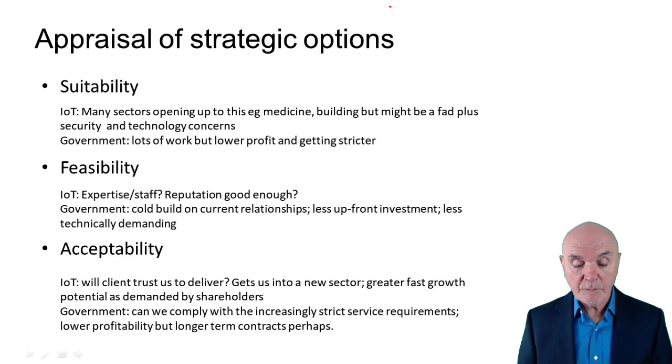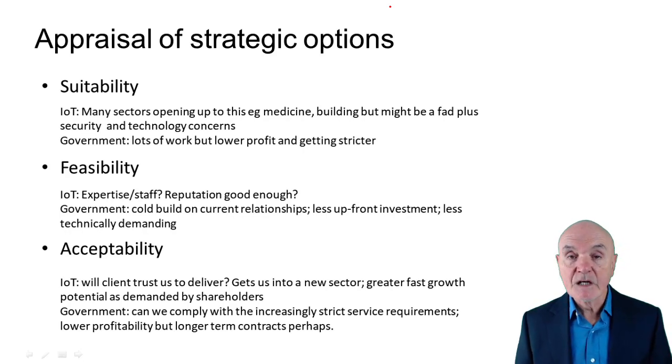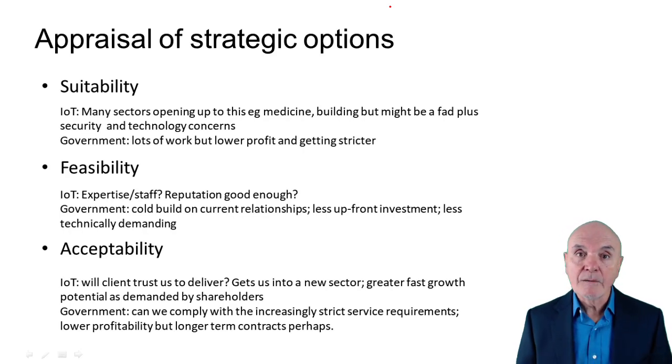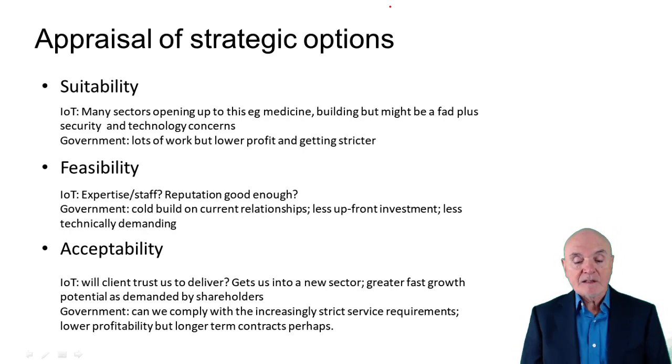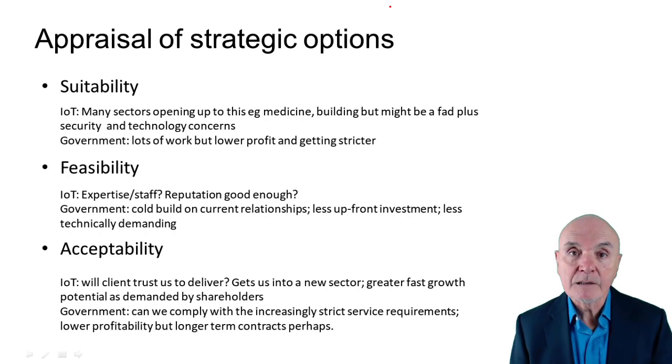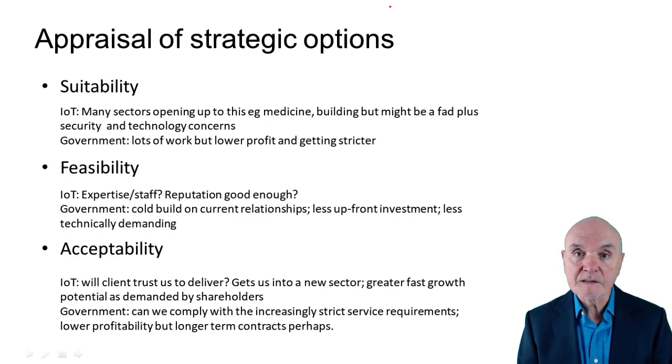The government, can we comply with the increasingly strict service requirements? Will government find our levels of ability and service levels acceptable? And is it acceptable to our wider shareholders?